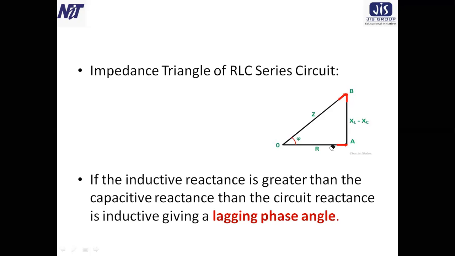So it's a lagging phase angle. Z, R. When the phase angle is lagging, the inductive reactance is greater than the capacitive reactance. So remember these two parts.